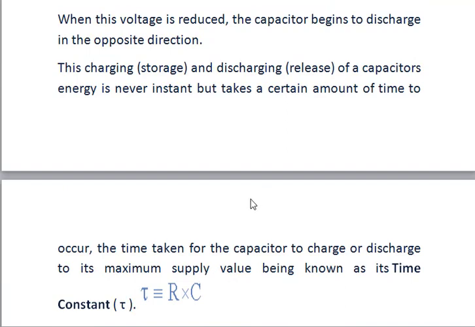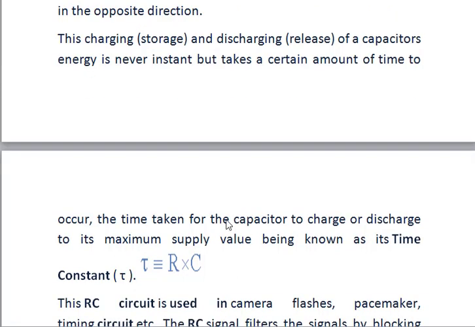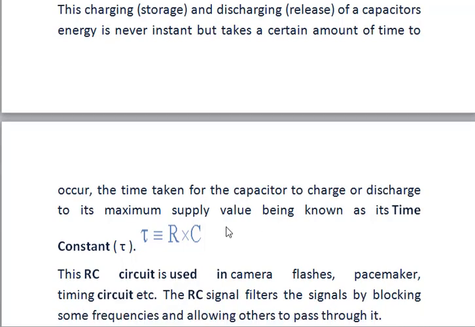The charging and discharging of a capacitor is never instant, but takes some time. The time taken for a capacitor to charge or discharge to its maximum supply value is known as the time constant. The time constant depends upon the value of the resistance and the value of the capacitor.